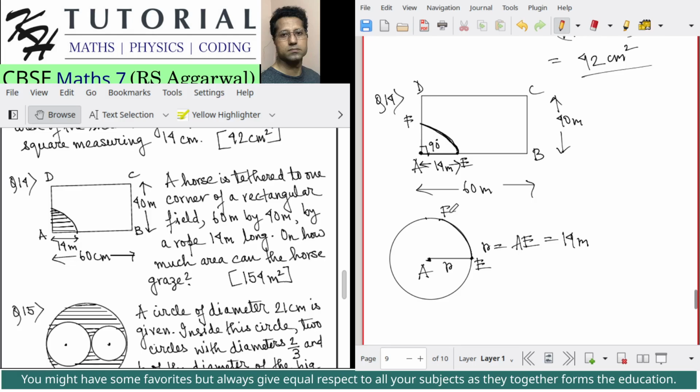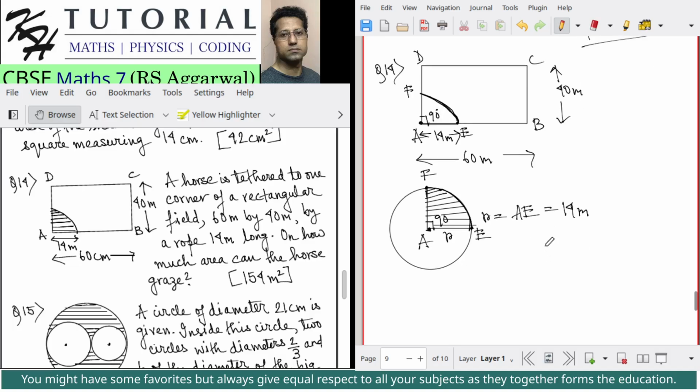F will be here. So this is 90 degree. This is the area of the sector, the area on which the horse can graze. So we have to find the area of the sector.